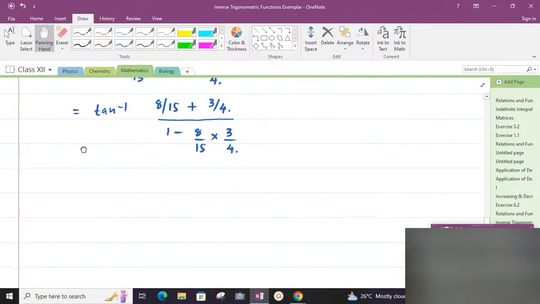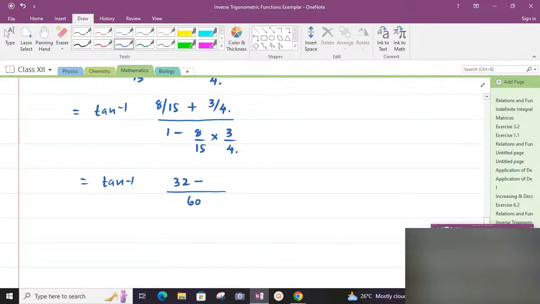The next step will be equal to tan inverse, and the LCM of 15 and 4 will be 60. Hope there is no problem up to this step. So 15 fours are 60, therefore 4 eights are 32.